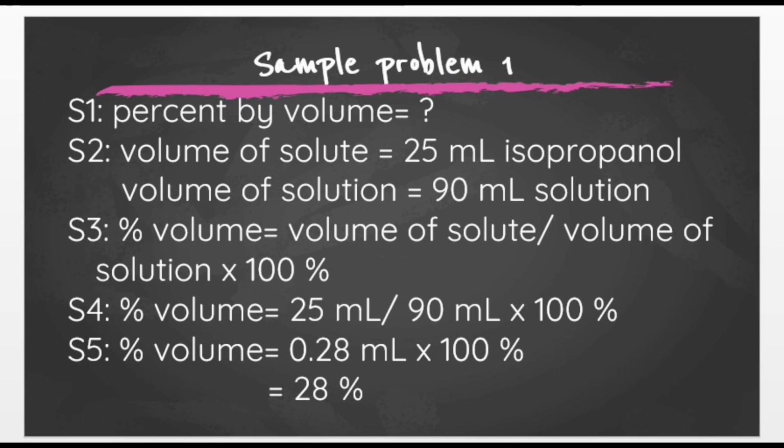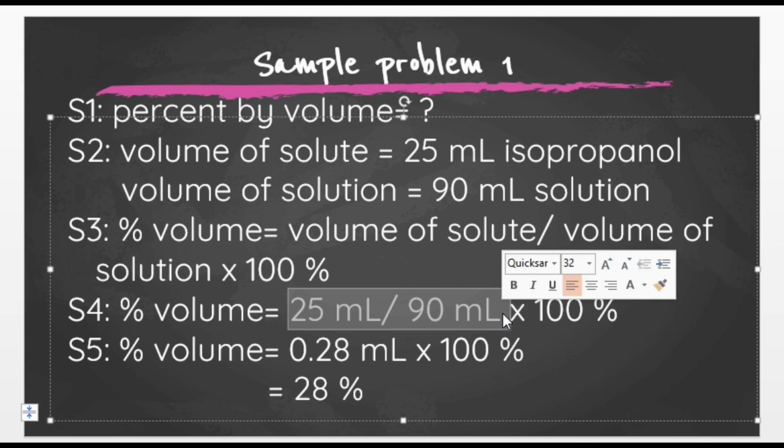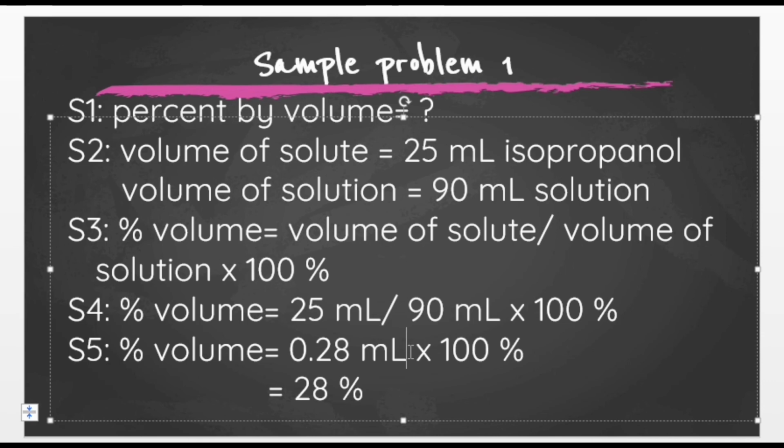So, step 4, you're going to substitute 25 ml over 90 ml times 100%. So, i-divide sa nimo na ang 25 ml ug 90 ml. So, the answer is 0.28 ml. And then, you're going to multiply that by 100%. So, the answer is 28%. Mao na ang percent by volume sa solution.